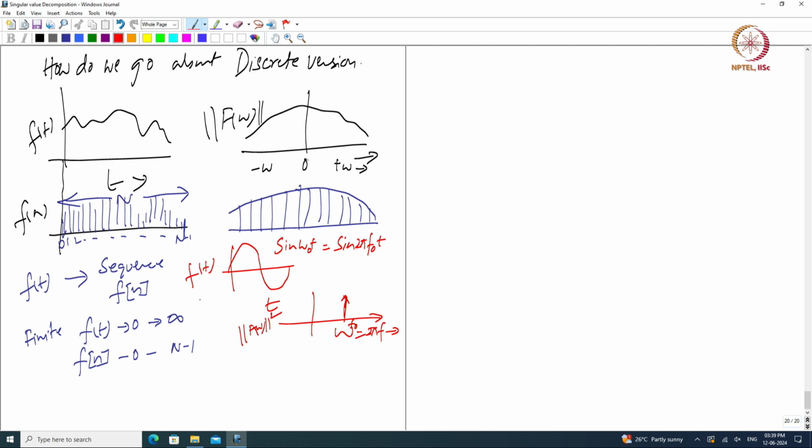So, discrete in time is equivalent to periodic in time is equal to discrete in frequency.